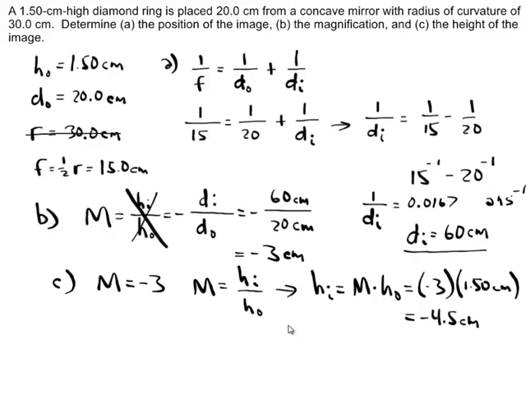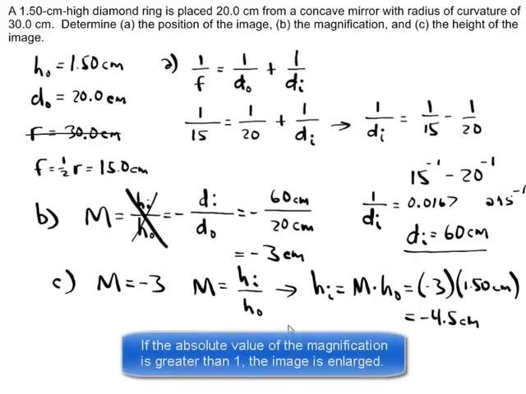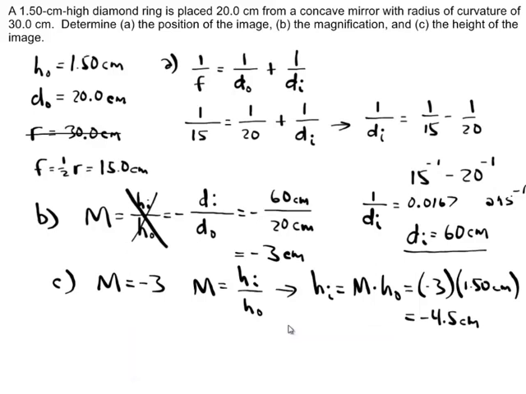Since the absolute value of the magnification is greater than 1, it's an enlarged image as well, which makes sense here because our object height was 1.5 centimeters, but our image is 4.5 centimeters. It might be upside down, but it is bigger than what we started with, so this is an enlarged image.